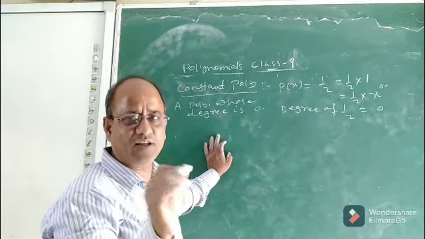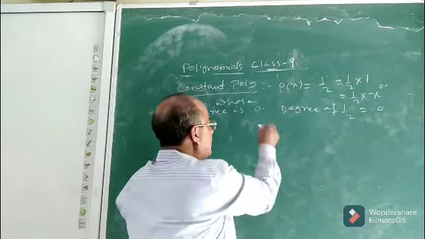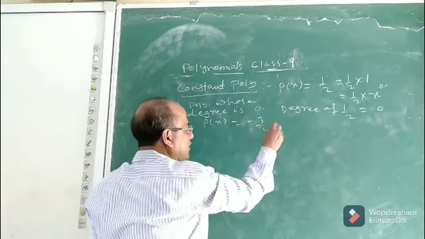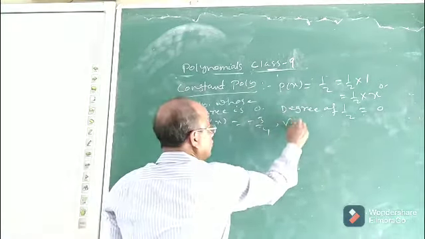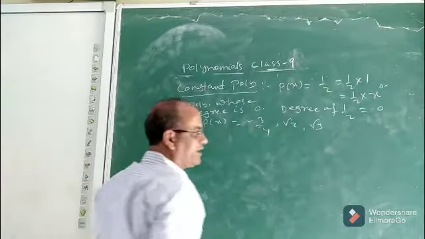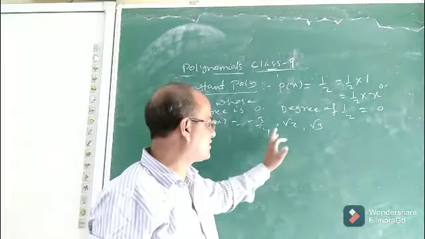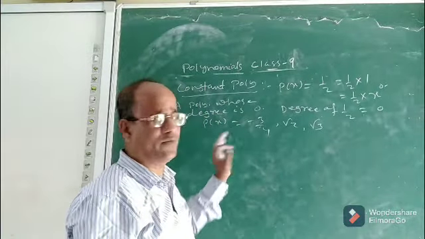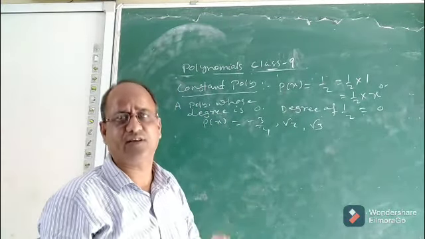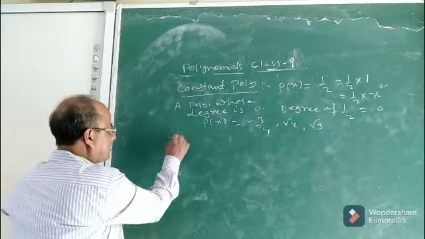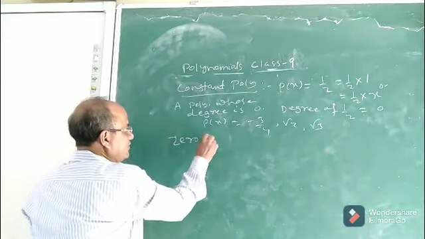So not only half, you can take p of x equal to minus 3 by 4, any positive number, root 2, root 3, whatever you take. Any constant you can take. Any constant is a constant polynomial because its degree is 0. Then after constant polynomial, there is another polynomial known as the zero polynomial.